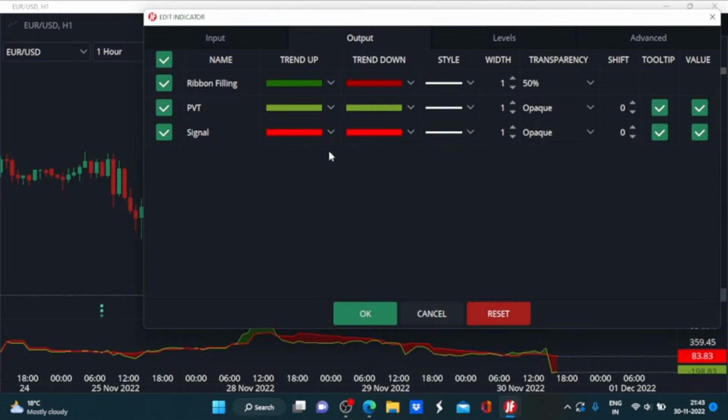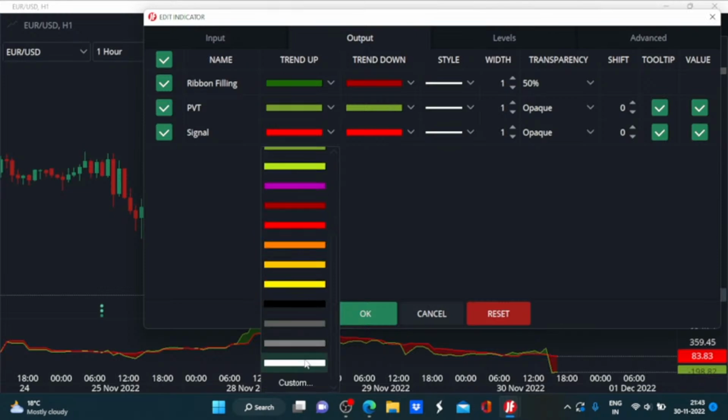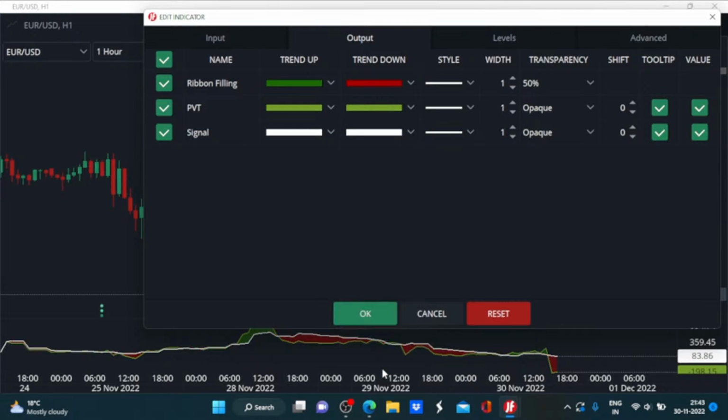I think this color combination is quite good enough, but if you feel like, you can always vary it. And suppose for example, let's try out a different color, white, and instead of red, now we have this line drawn in white color.